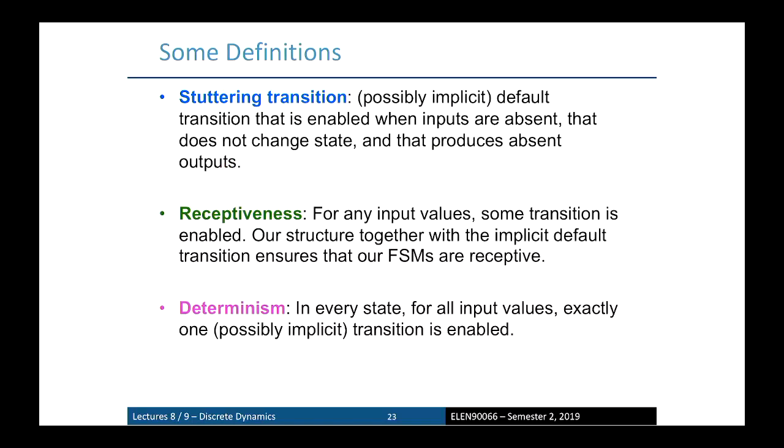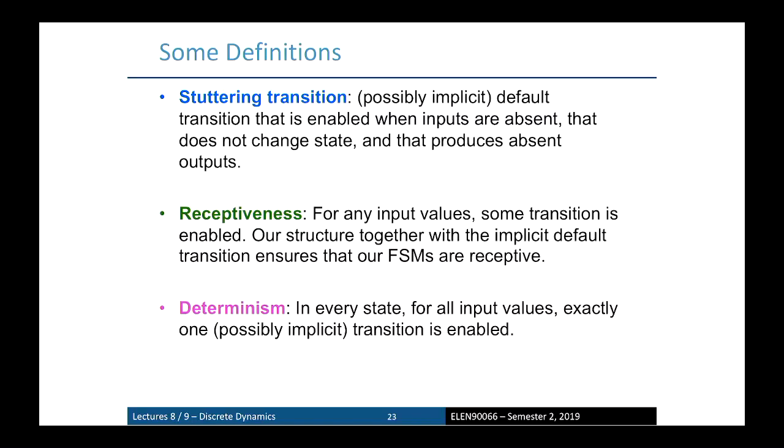So how is that even a transition? If it's a default transition, inputs are absent, does not change state, so it's looping back to itself, and produces absent outputs. Now, stuttering transitions make sense for time-triggered FSMs.